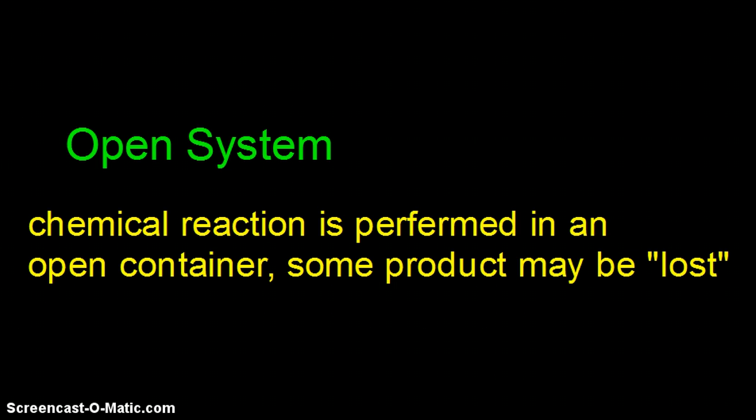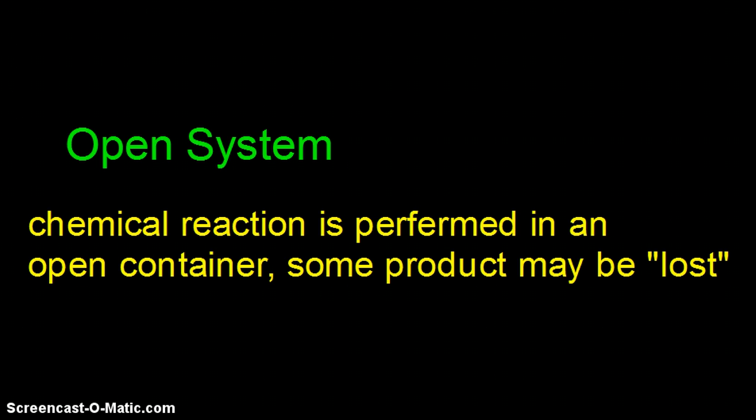And we know the law of conservation of mass says that nothing can be lost, that there's no matter created or destroyed. So I put this in parentheses because it is created, it's still produced, but if a gas is produced in an open container, that gas is going to escape and it's going to seem as if it's lost. So it won't really be lost, it really was still created, but in open systems, any gases produced will escape from the container.